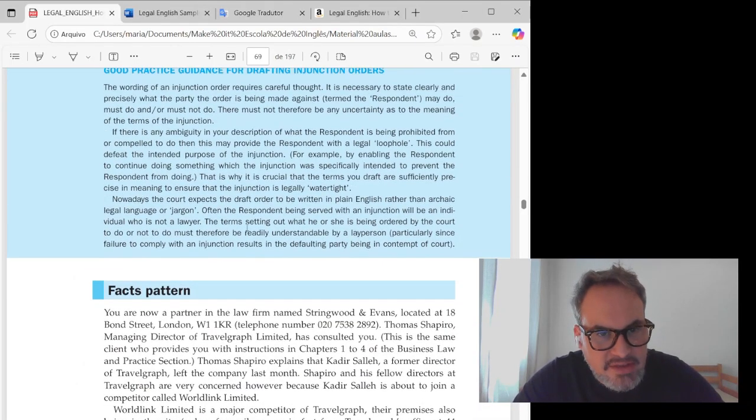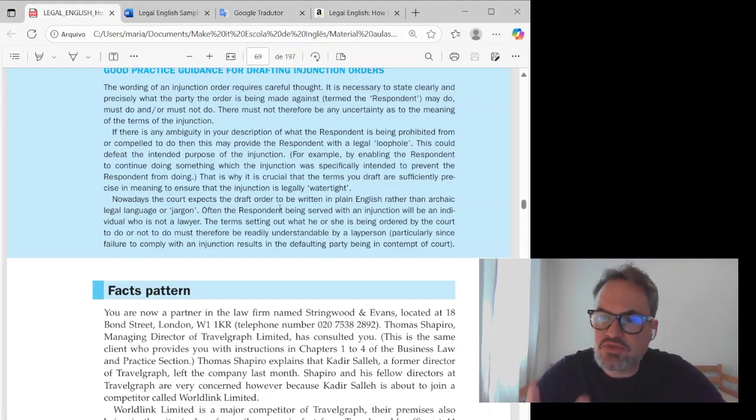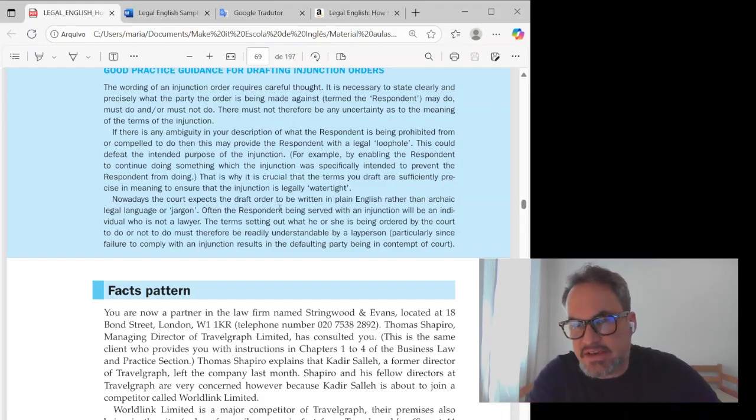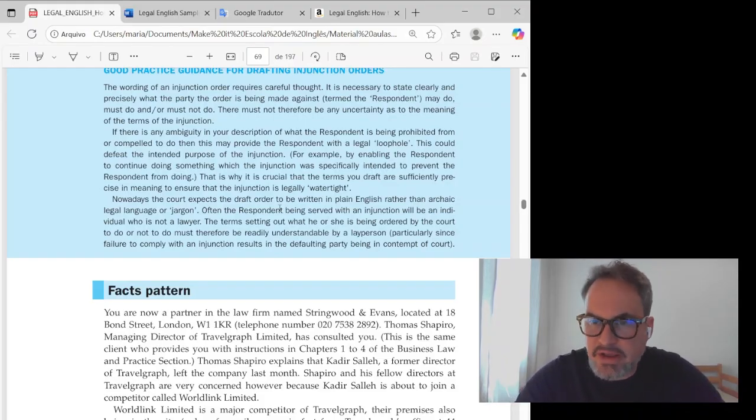Nowadays, the court expects the draft order to be written in plain English rather than archaic legal language or jargon. So instead of using legal English for these cases, it's better to use normal English in order to be understood by regular people, not only lawyers, right?